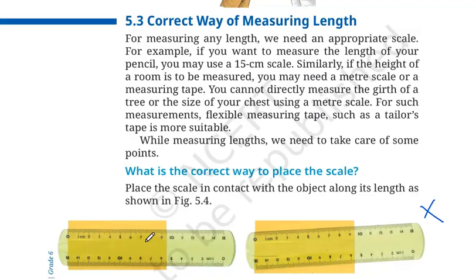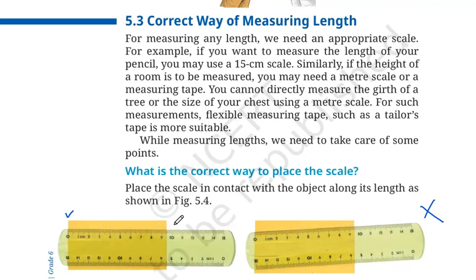All right. Now, in order to measure the object, the reading will be taken from the zero mark of the scale. So we are going to place one end at the zero mark and check where the farther end, the last part of the object, reaches.